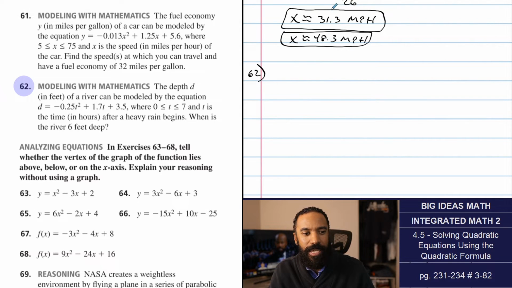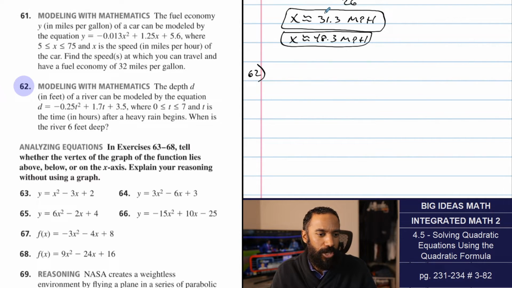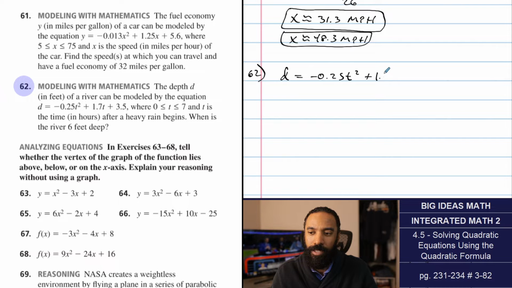All right, the depth d in feet of a river can be modeled by this equation, where t is between 0 and 7 and t is the time in hours after a heavy rain begins. When is the river 6 feet deep? So we've got d equals negative 0.25 t squared plus 1.7 t plus 3.5. By the way, if any of these are factorable, I'm going for it.